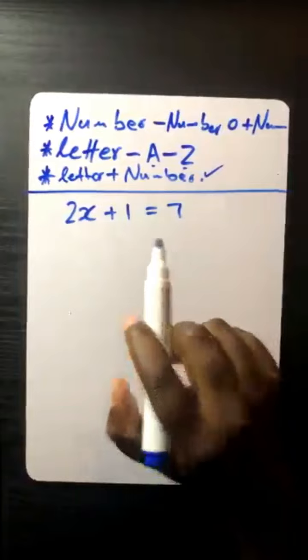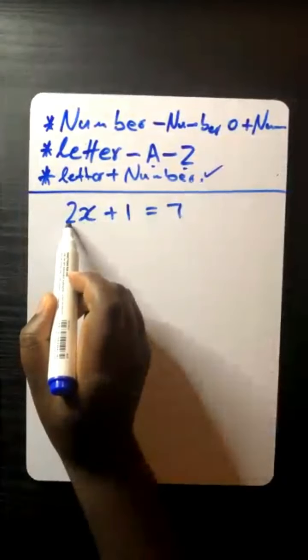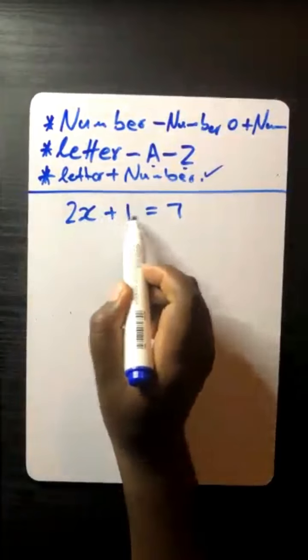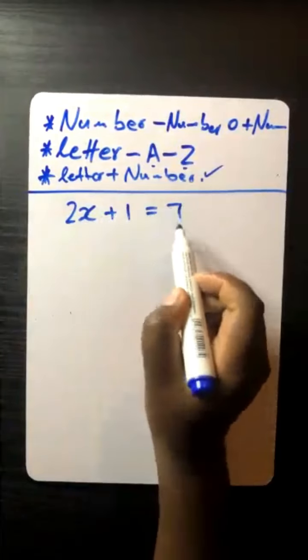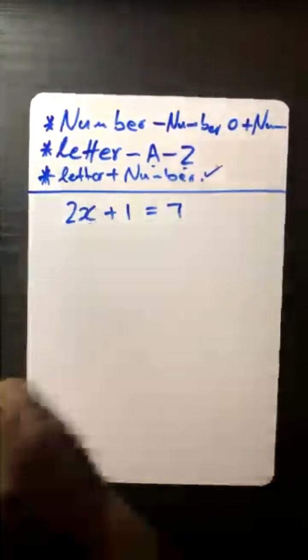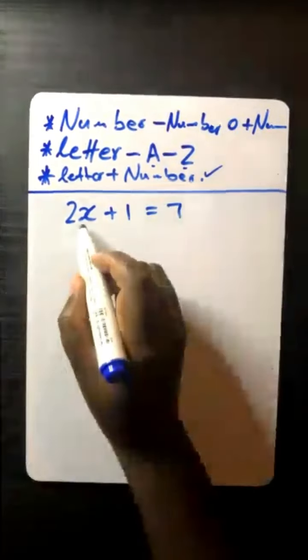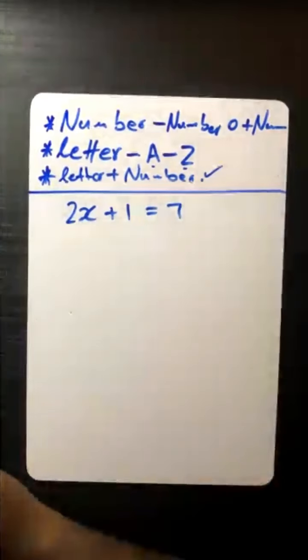We want to know what x value, when multiplied by 2 and added by 1, will be equal to 7. So now, in order for us to get the x value, we need to follow a mathematical procedure in order to find the actual value of the unknown.